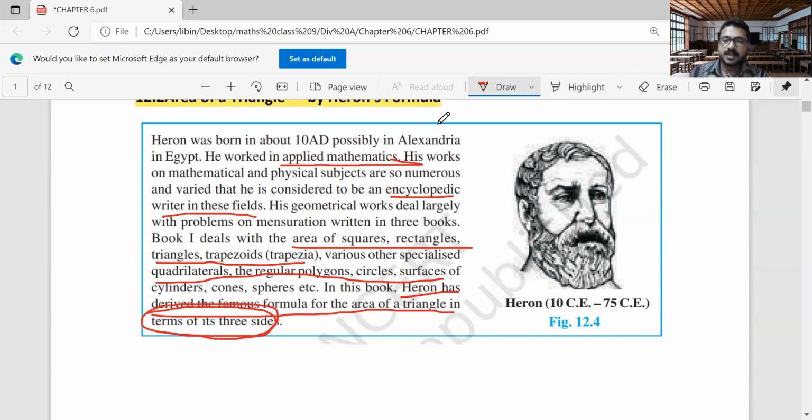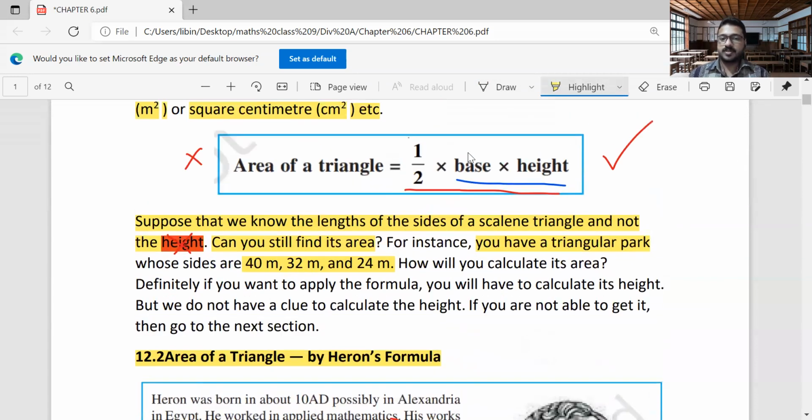In his book he derived the famous formula for finding the area of a triangle only by using the three sides of that triangle, which means we can get rid of this equation. In specific cases where the height is not mentioned, we can make use of the other information given about the triangle to find its area.